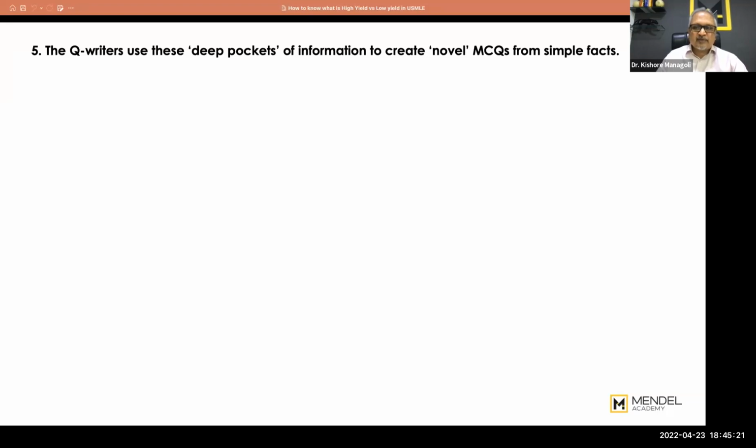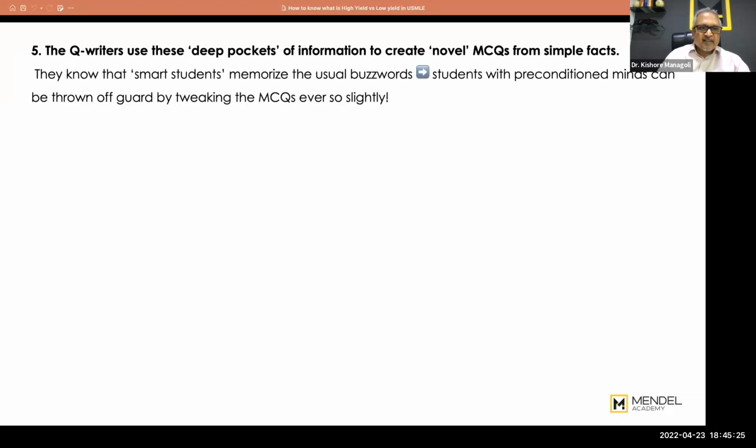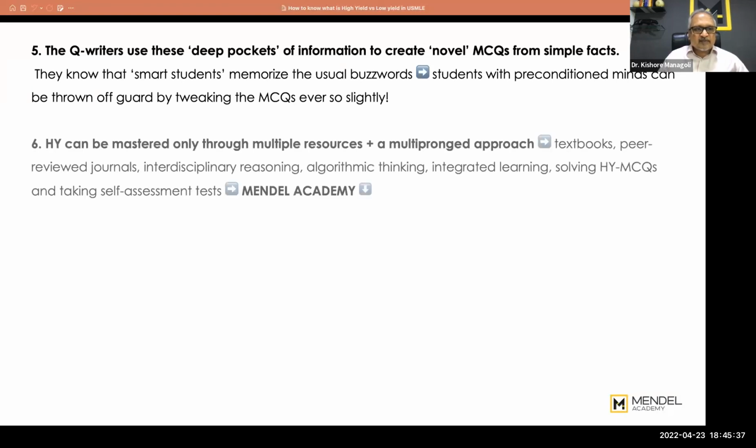And that is where very smart students also can falter, because there is a tendency of even the best students to memorize the buzzwords. And if your minds are preconditioned, then you can very easily be confused by these deep pockets of information. So if you want to really master them, as I said, you will have to browse through multiple resources, lots of information.